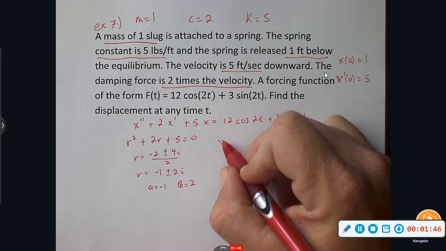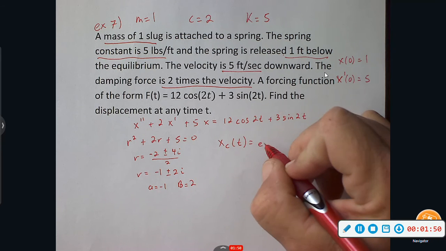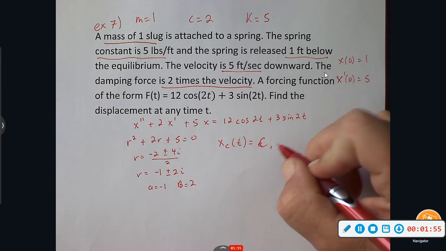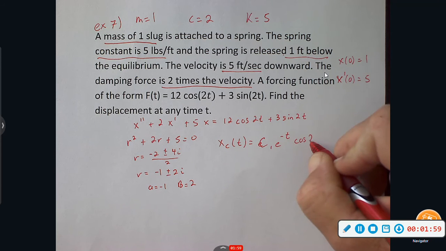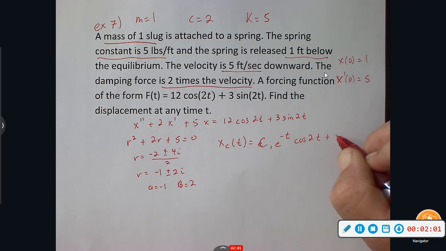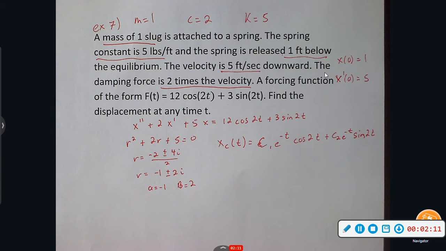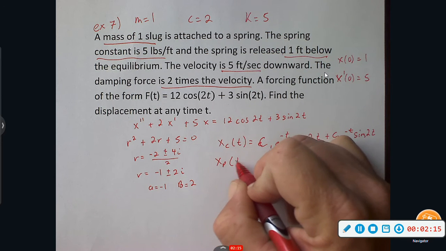Therefore, our complementary equation, xc of t, is going to be c1 e to the negative t cosine 2t plus c2 e to the negative t sine 2t. Because that is case 3, right? Imaginary solutions.